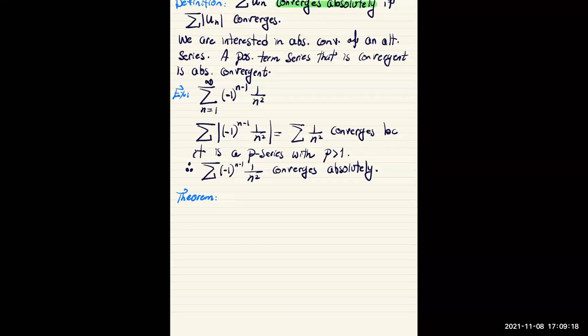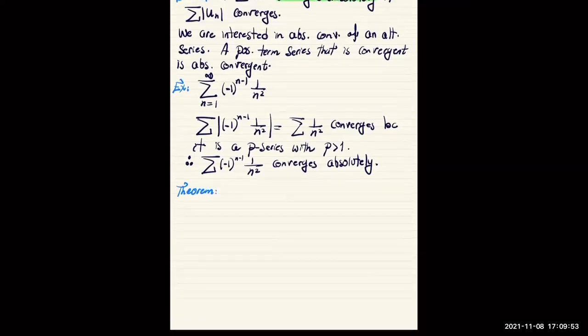So let's say you have an alternating series and you check for absolute convergence and it converges absolutely, then you don't need to check the AST. If an alternating series converges absolutely, then it is convergent. You don't need to check AST. This is a very powerful theorem, a theorem for absolute convergence.